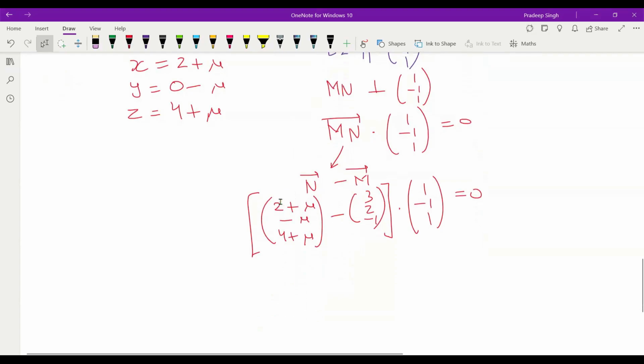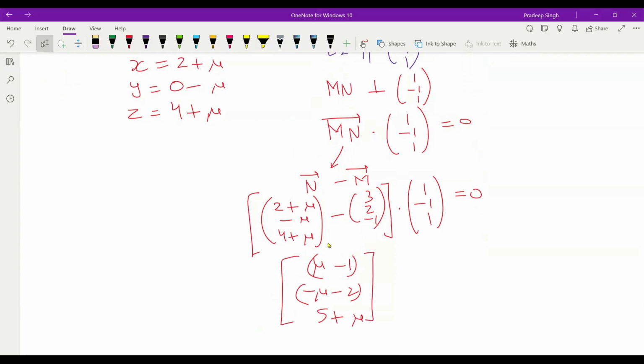In the x coordinate, you will see 2 plus mu minus 3, which gets simplified to mu minus 1. In the y coordinate, we have minus mu minus 2. And for the z coordinate, it is 4 plus mu minus minus 1, which becomes 4 plus mu plus 1, which is 5 plus mu.